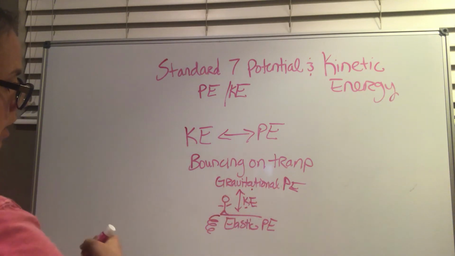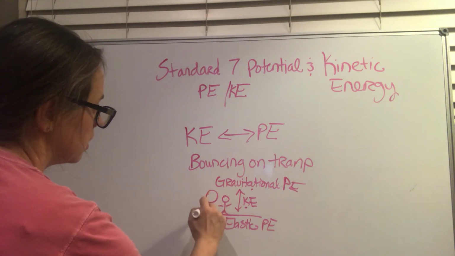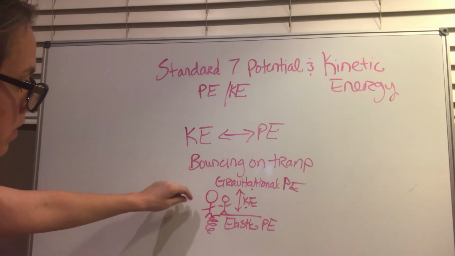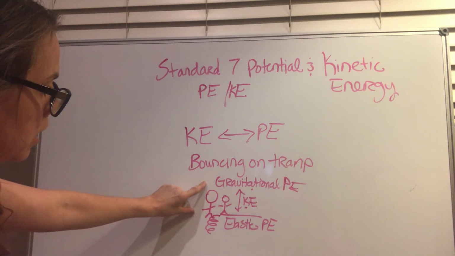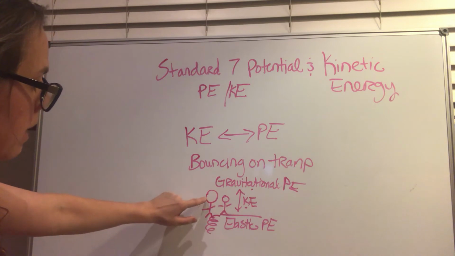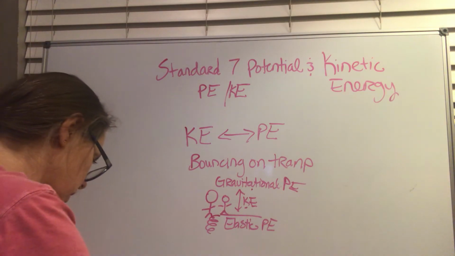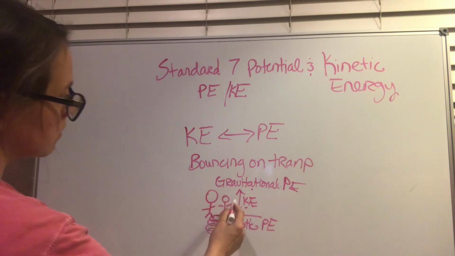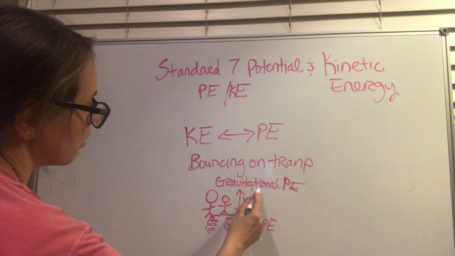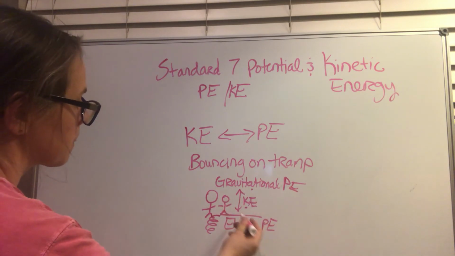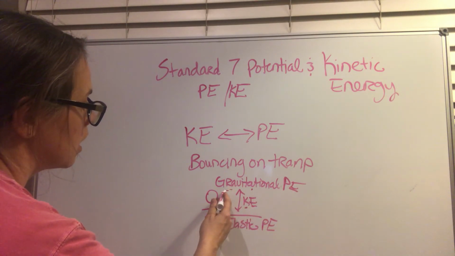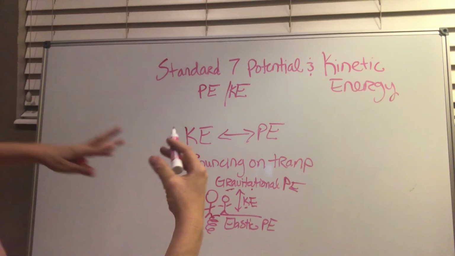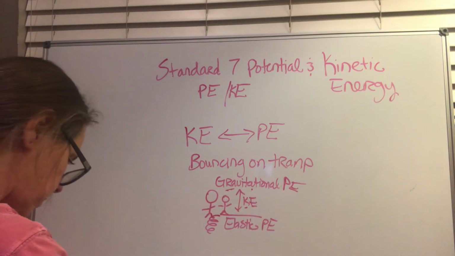A heavier person is going to reduce the total energy in the system. Also, if you don't jump as high, if you lower the potential energy, and you only jump a little bit up here, then the same thing will happen. It will lower the total net energy of this system.